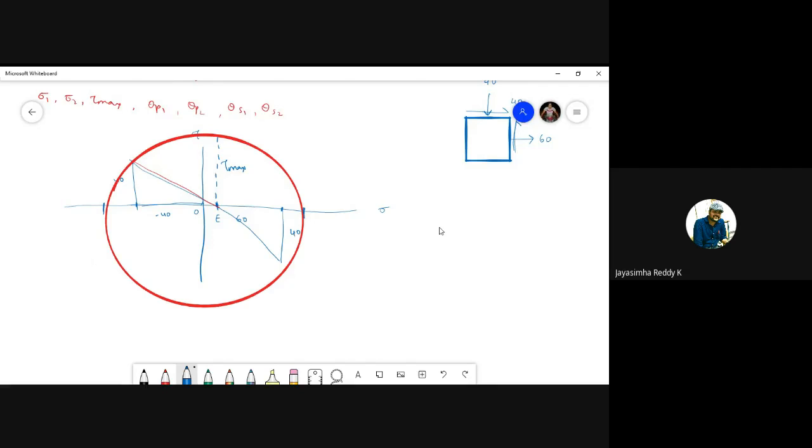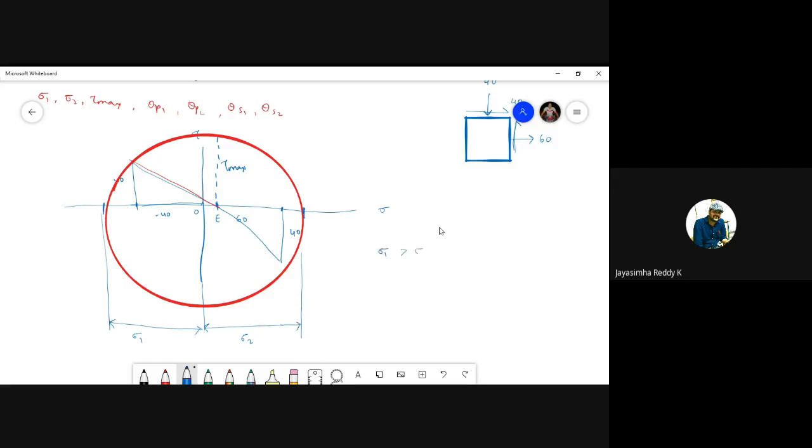From the E point, sorry, not from the E point, guys, from the O point it is. From point O, this distance is nothing but sigma 1, and this distance is nothing but sigma 2. Measure the values; whichever is greater you mark as sigma 1.